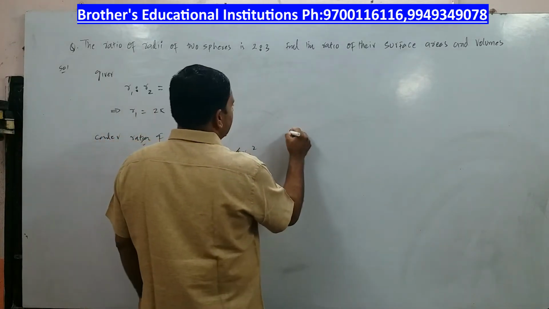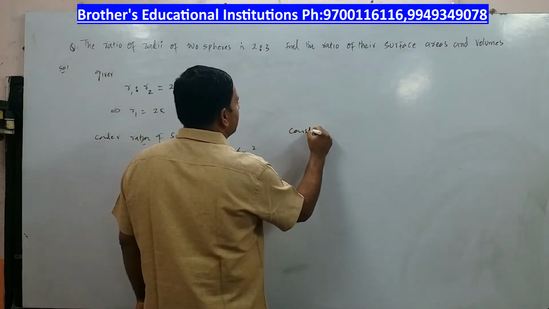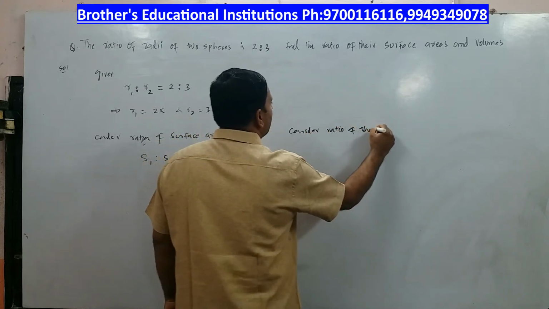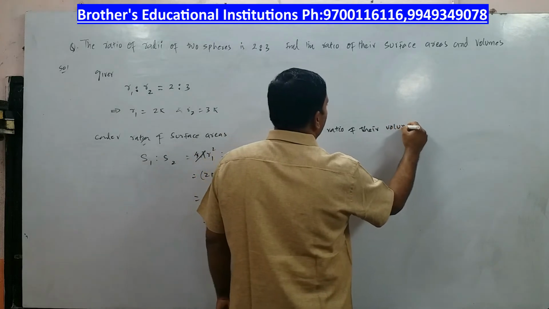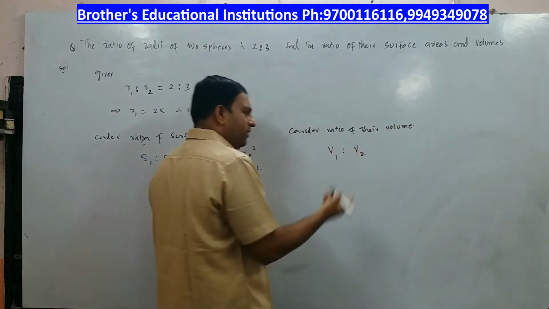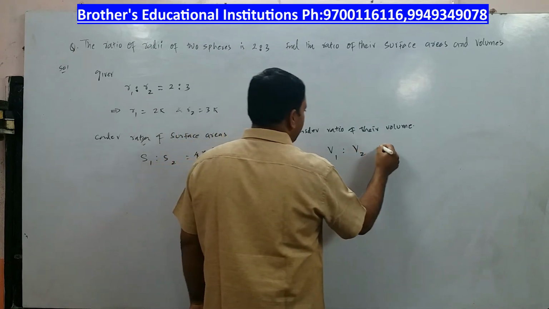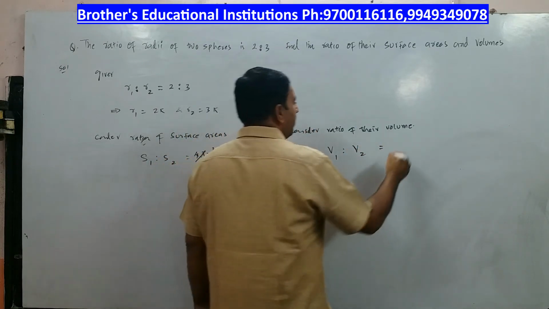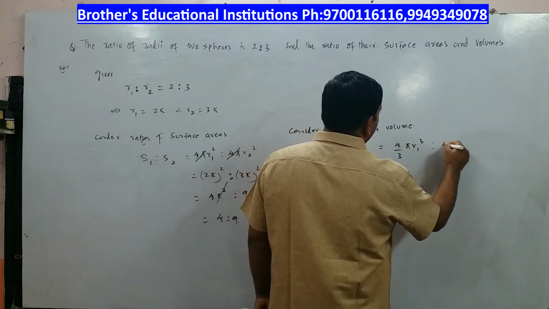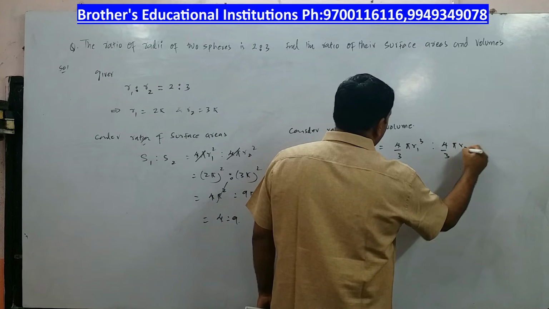Similarly, consider ratio of their volumes. So I will call this as V1 is to V2, where V1 is the volume of the first sphere and V2 is the volume of the second sphere. What is the volume formula? It is 4 by 3 pi R1 cube is to 4 by 3 pi R2 cube.